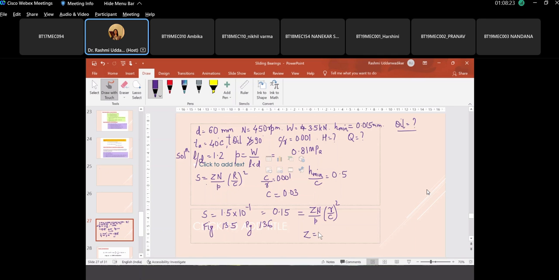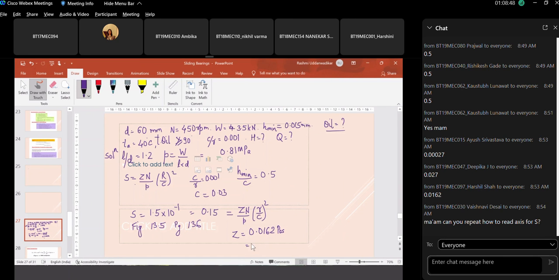Any other answer? Yeah, it is 0.0162. This you are getting in Pascal second. I'll tell you again, this is 16.2 millipascal second. So what is given in the graph is in millipascal second.